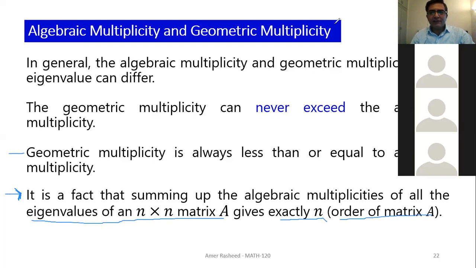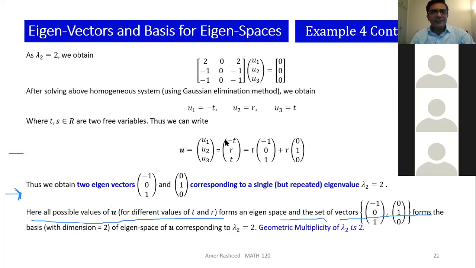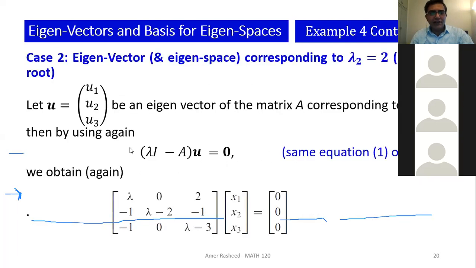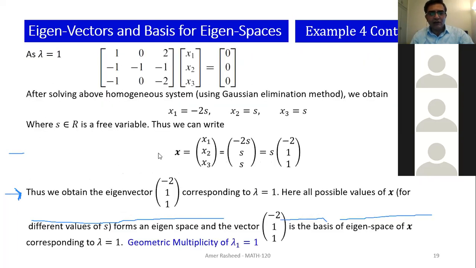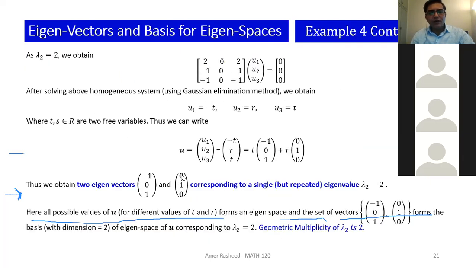For example, in the previous slide, if we sum up the geometric multiplicities, in the case of lambda 1 equal to 1, what is the geometric multiplicity here? It is 1. And for lambda 2 equal to 2, the geometric multiplicity is 2.